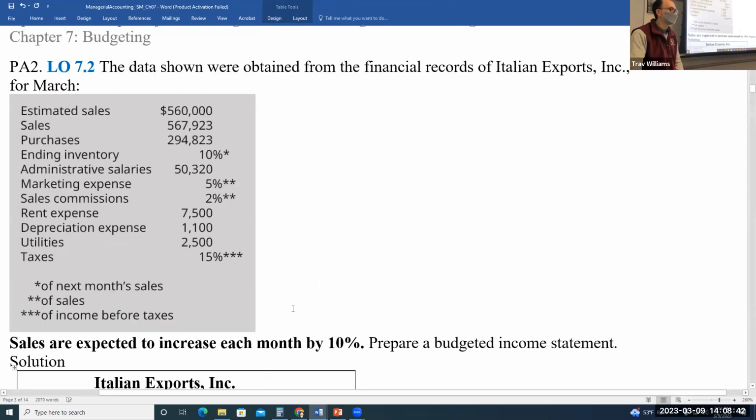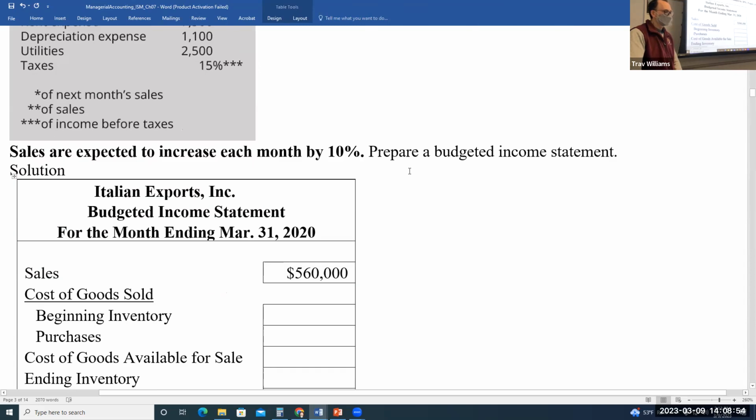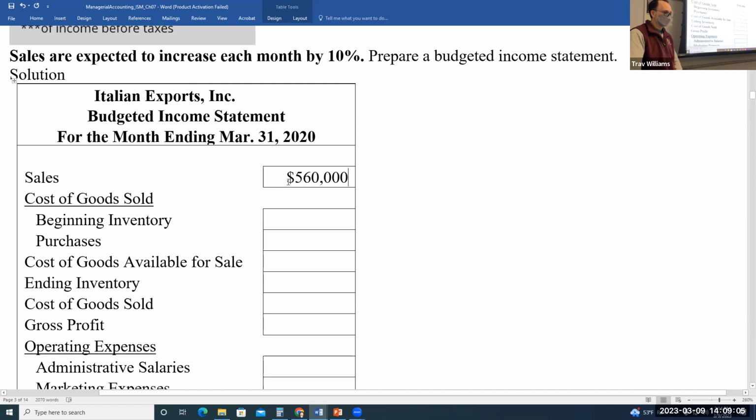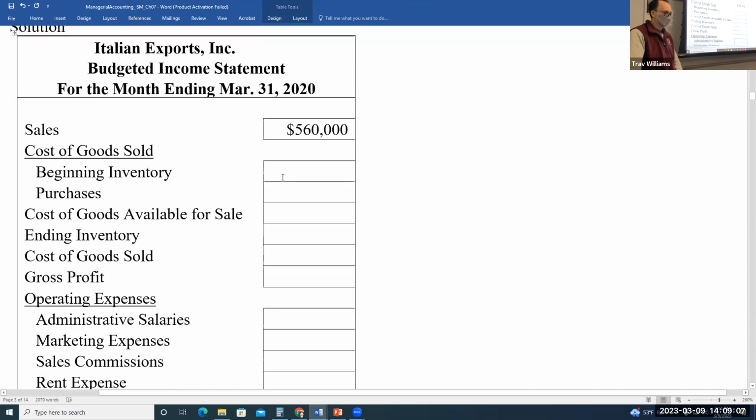For some reason, they gave us actual sales, but they don't want us to use it for this particular problem. So let's just ignore actual sales. Let me think. 560,000. This is March.